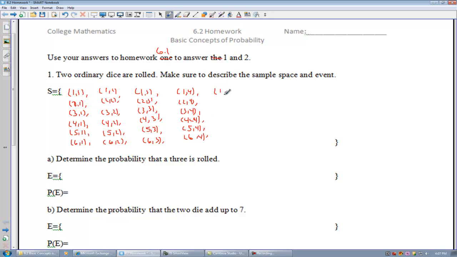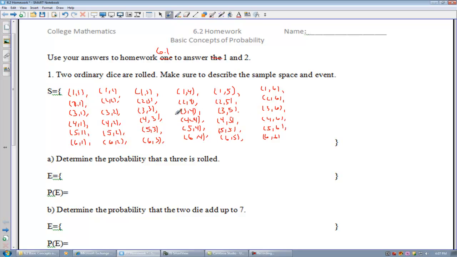And then we have (1, 5), (2, 5), (3, 5), (4, 5), (5, 5), and then what's this last one? (6, 5). And then commas here, here, here, here, and here. And finally the last one, (1, 6), (2, 6), (3, 6), (4, 6), (5, 6), and finally (6, 6). Commas after each of these except for the last one because the set's done.